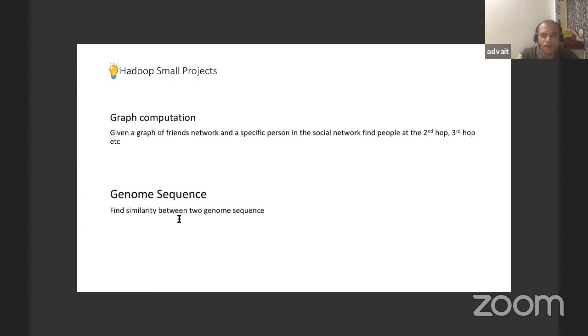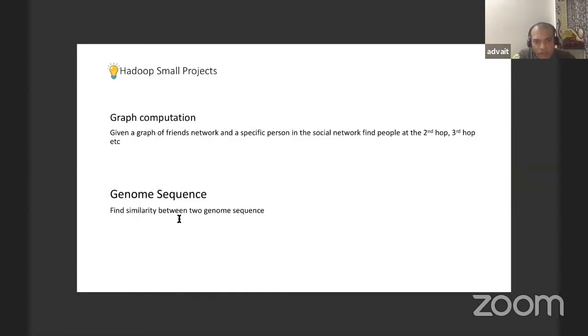So one could be, we have a big graph which is the social network graph for people, or the friend to friend graph, like the Facebook graph, where that graph is represented as a matrix.